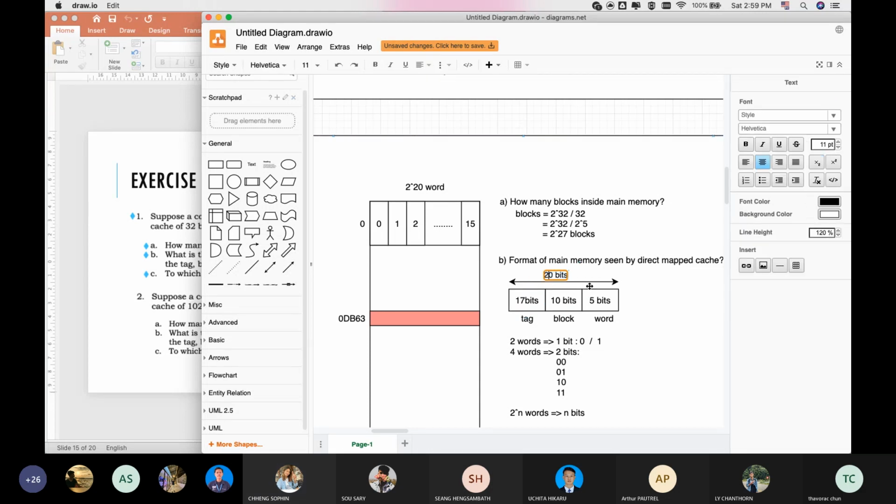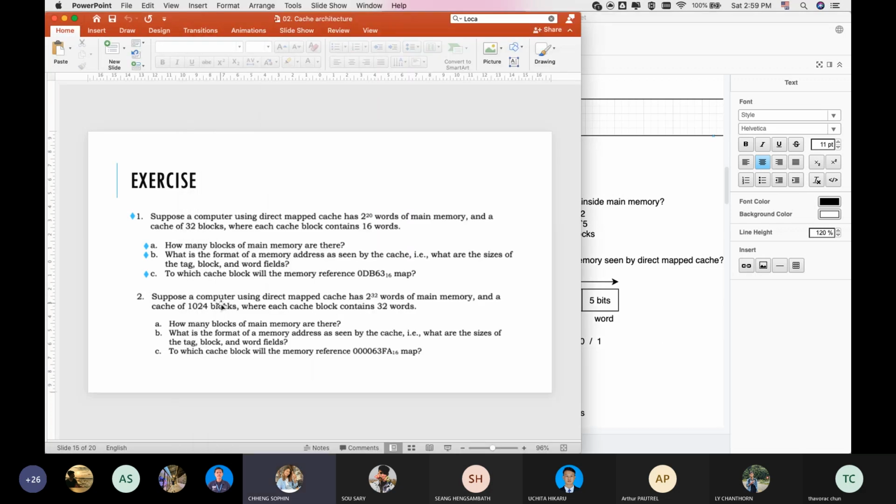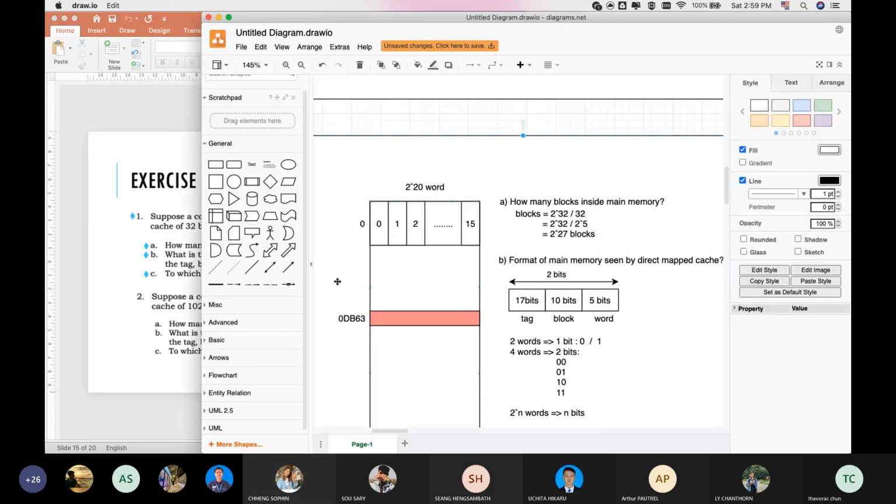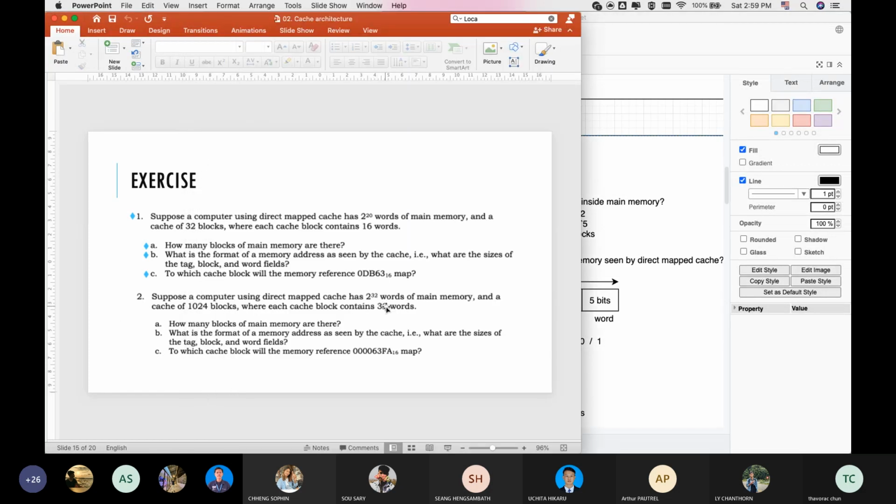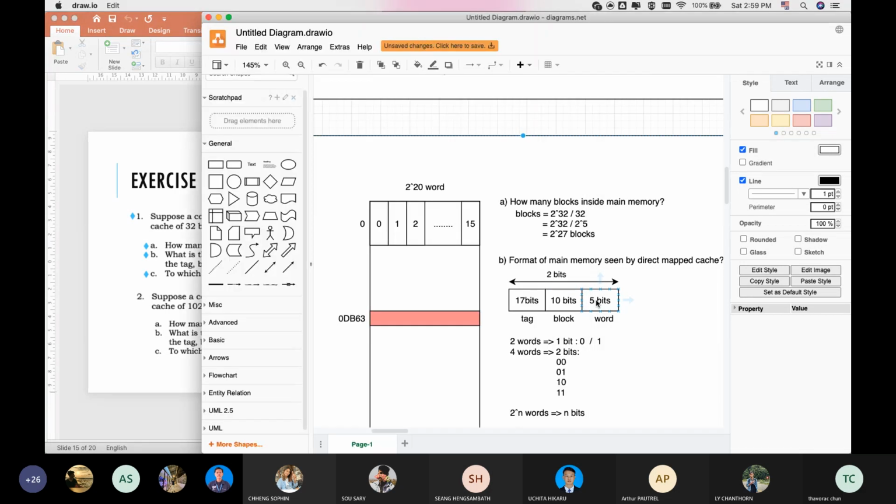Let's figure it out. And here it should be 32, right? Because we have 2 power 32 words inside our memory. Because in one block we have 32 words, right? 32 words, which is equal to 2 power 5 words, right? That means we need 5 bits to encode all the words inside one block. So this one is correct.